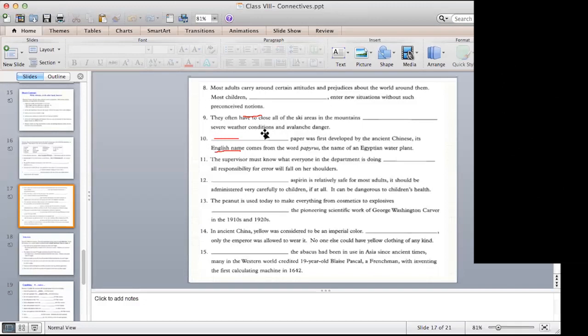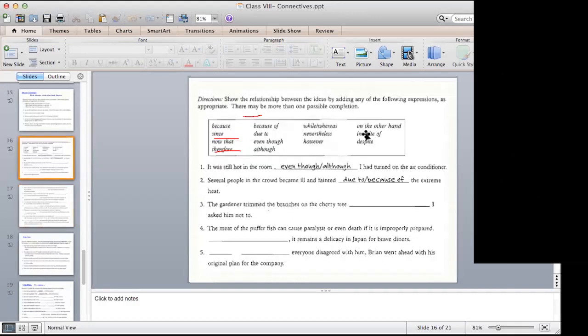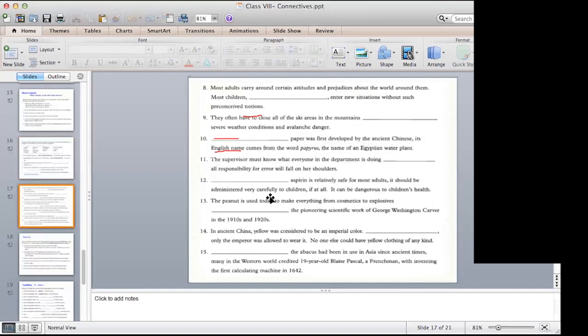Paper was first developed by the ancient Chinese. Its English name comes from the word papyrus, the name of an Egyptian water plant. So even though, although, paper was first developed by the ancient Chinese, its English name comes from the word papyrus, the name of Egyptian water plants. Although, even though.